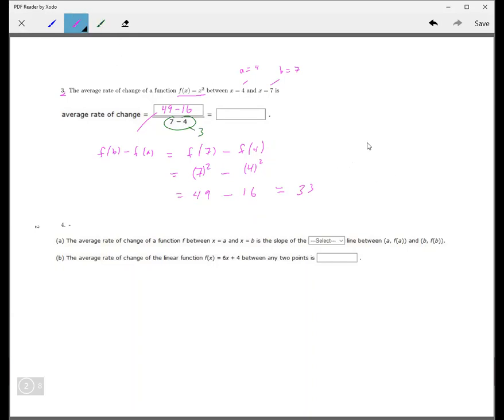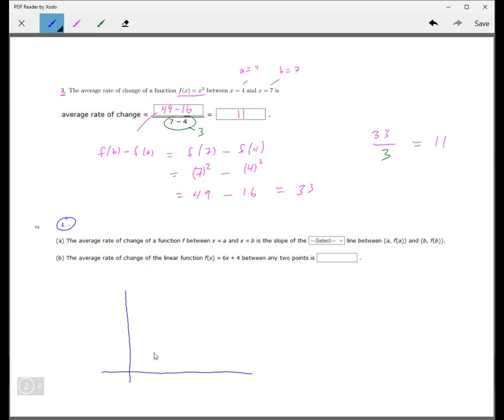So we have 33 over 3, which is 11. So 11 goes there. Okay, number 4. This is kind of giving you an idea of what's going on.